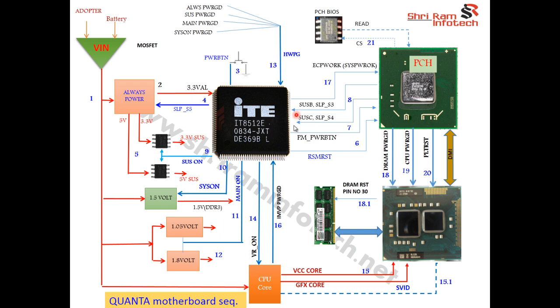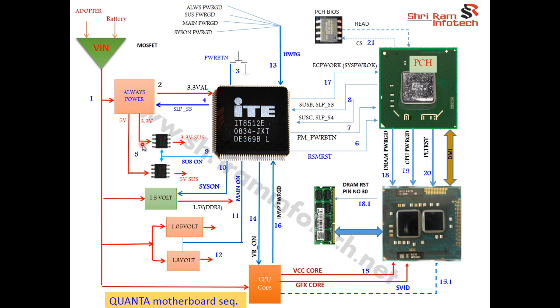So once SIO receives these two signals, which come from 0 to 3 volt from the PCH, now SIO will turn on the supplies one by one. So it first turns on the SUS on signal. It triggers these two MOSFETs. My 3 volt and 5 volt is generated at this junction.